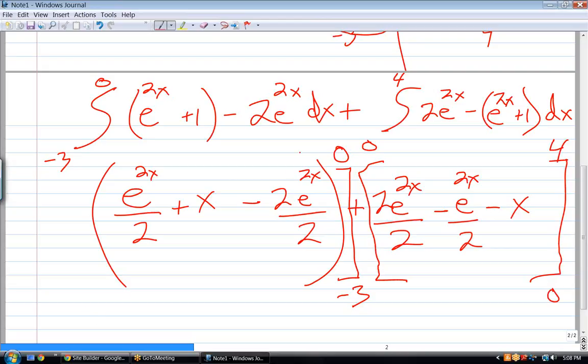So let's see, when we do 0, we have 1/2 plus 0 minus 1. And I have to subtract the evaluation at -3. So that would be e to the minus 6x over 2 minus 3. I guess I could have simplified this.